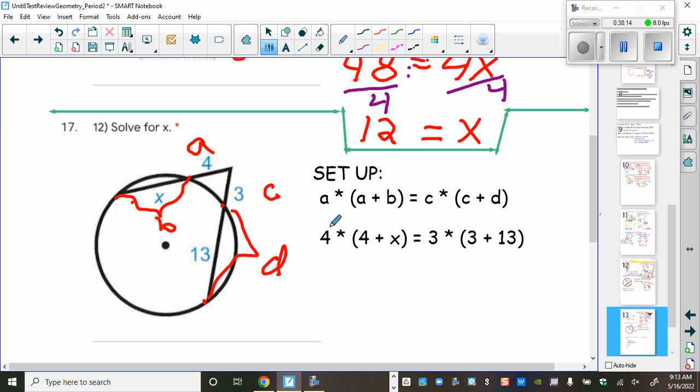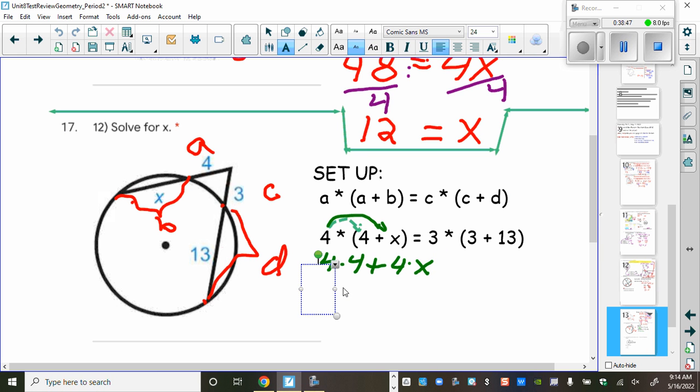Now, first things first. On this side, you have to multiply the 4 times 4 and the 4 times x. So similar to before, 4 times 4 plus 4 times x. Well, again, what's 4 times 4, ladies and gentlemen?